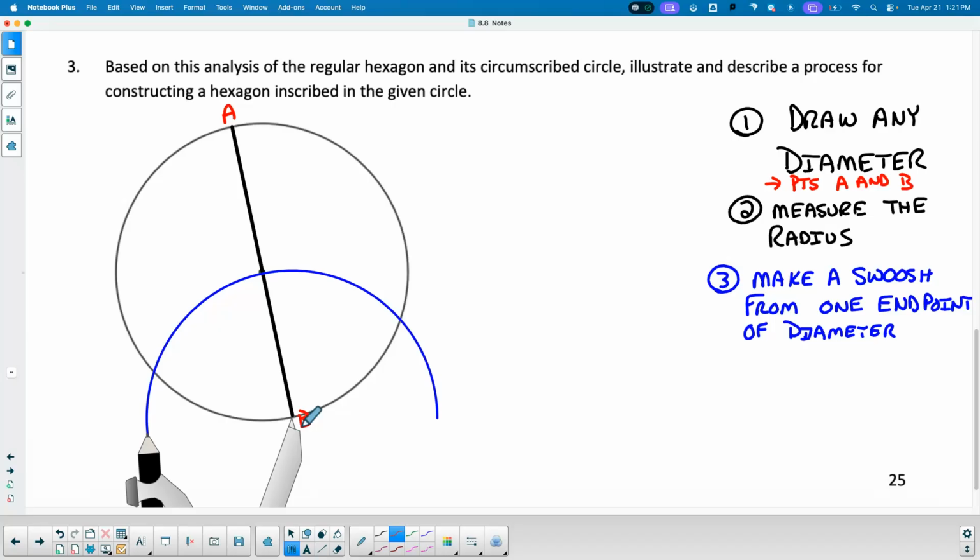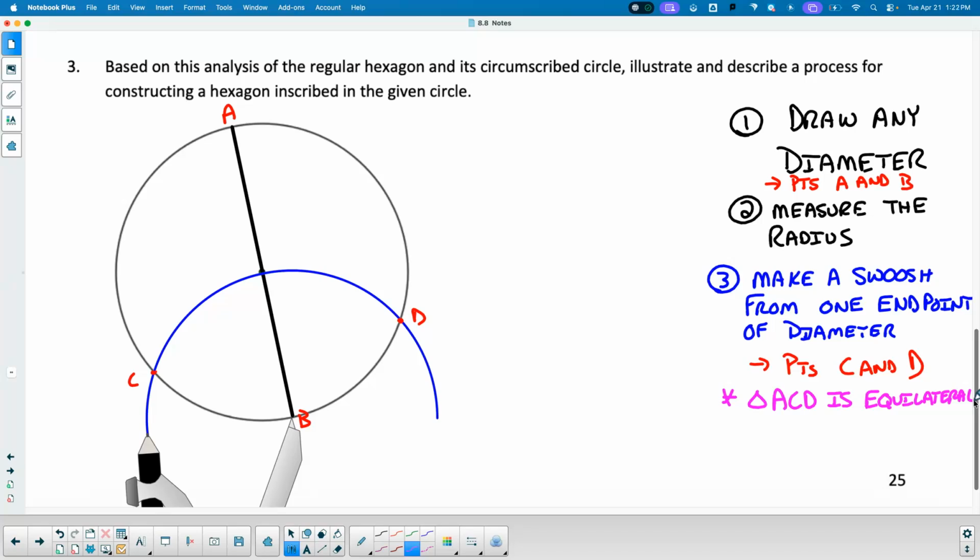Should go through the center, and then that creates points C and D. Right now, as we stand, triangle ACD is an equilateral triangle.